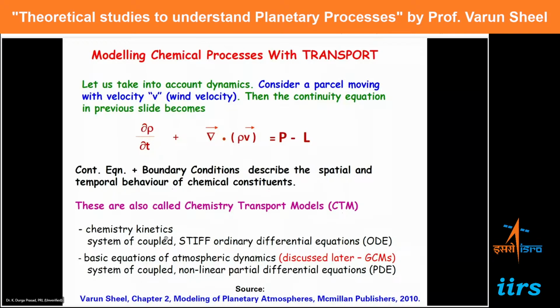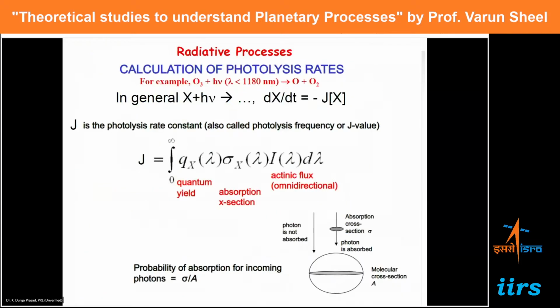One is the chemical kinetics, where a system of coupled stiff ordinary differential equations is used, and the basic equations of atmospheric dynamics can also be used, which is usually done in general circulation models, which will be discussed in brief, where we can have a system of coupled nonlinear partial differential equations. So depending on what we are trying to address, whether we are looking at kinetics or at dynamics, we use the respective kind of differential equations.